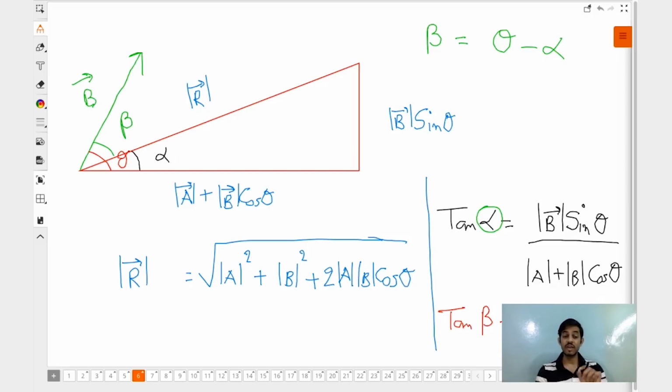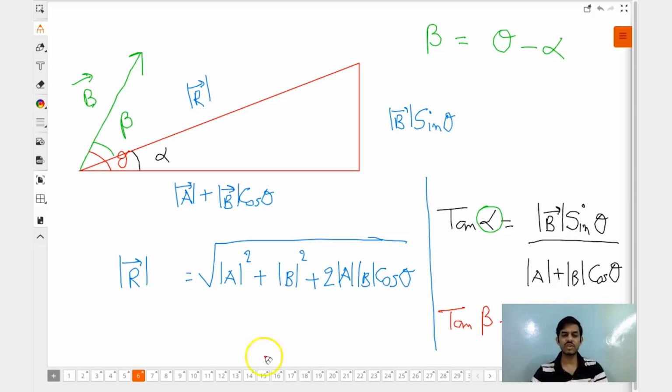Chamka guys? So whenever they ask the angle of the resultant, पहला statement that you should notice is with which vector they are asking. Everyone following guys? Is it clear?